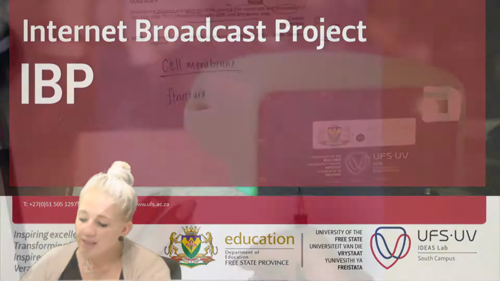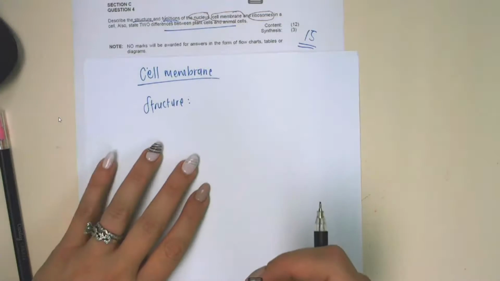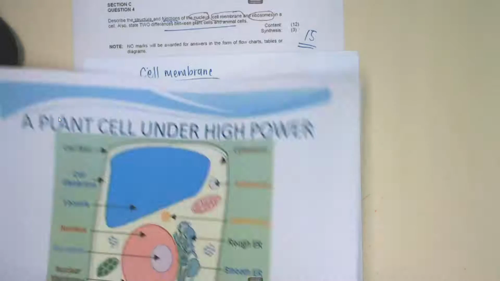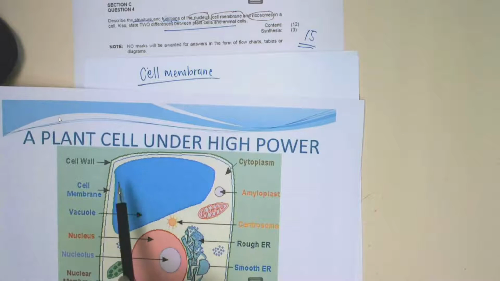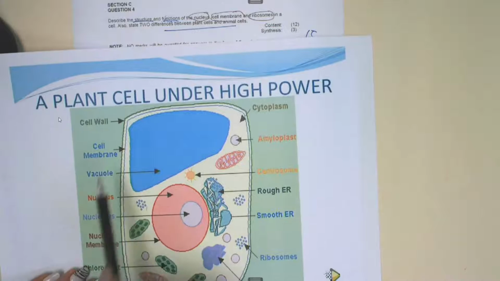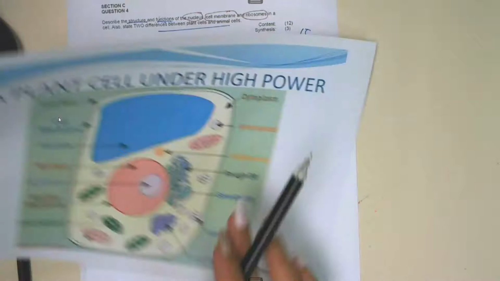So looking at the cell membrane structure, you can agree that it consists of an outer and an inner layer. So if you're going to look at the cell membrane, remember the membrane is the one going around. So it has an outer and an inner layer of protein molecules.